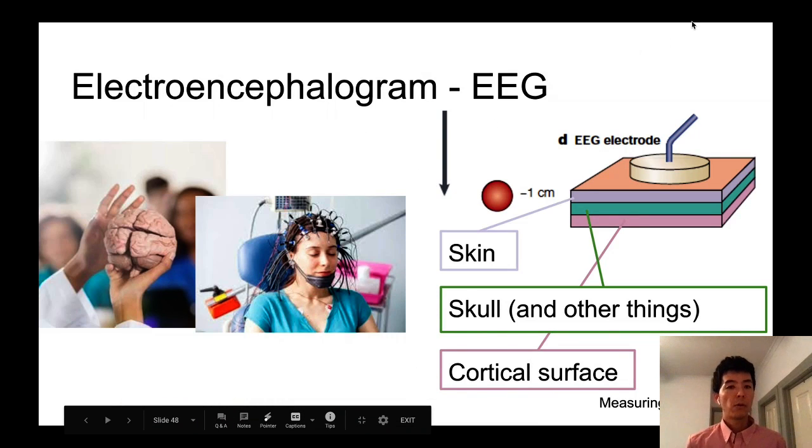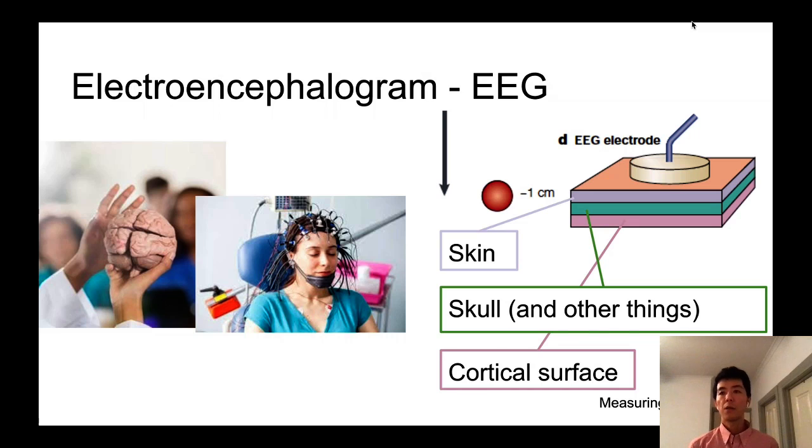All right. So the first neuronal measure that we are going to introduce is electroencephalogram, EEG. EEG is probably the cheapest method that I'm going to introduce. And it's also non-invasive, meaning that it doesn't make any damage to the people or skin or skull.